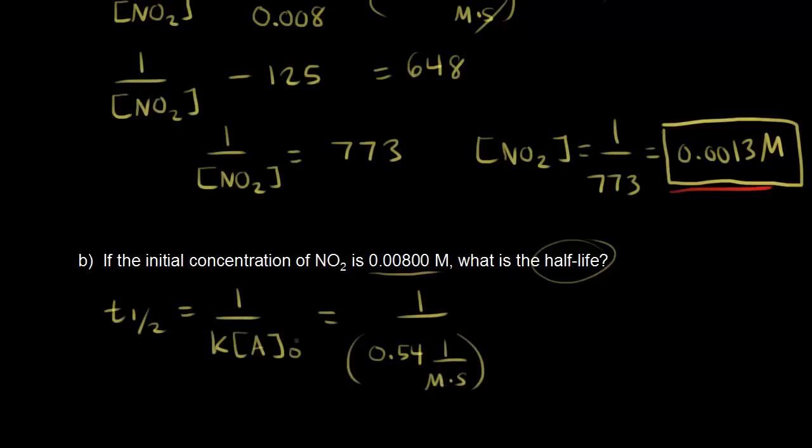And then we need to multiply that by the initial concentration of A, which of course would be the initial concentration of NO2. So that's times 0.00800 molar.